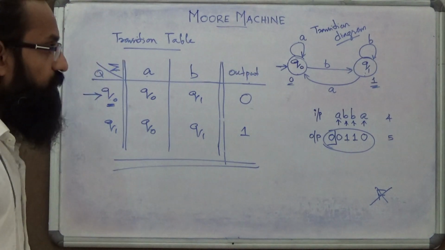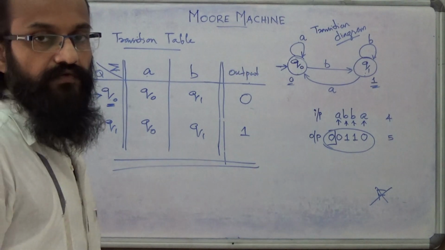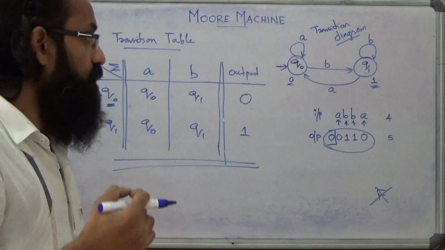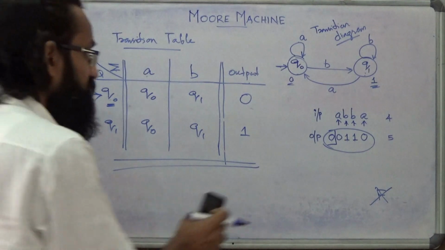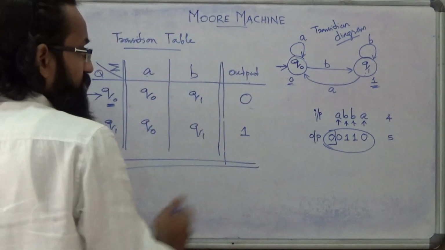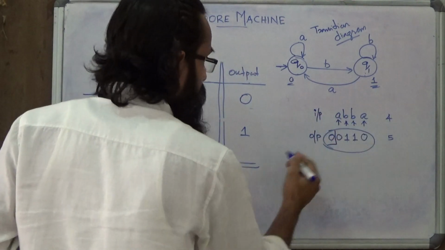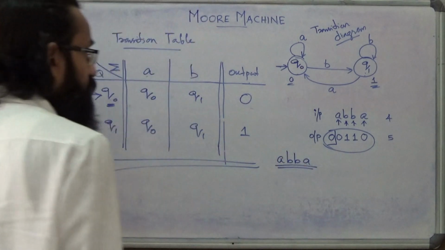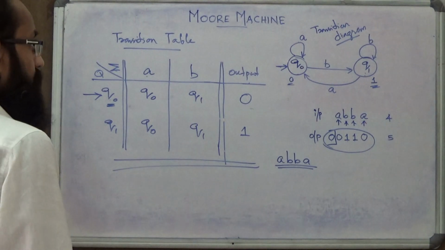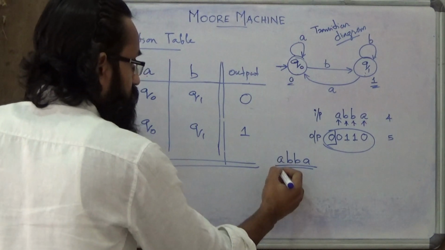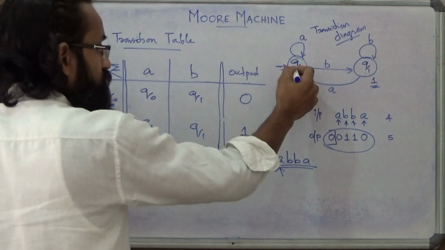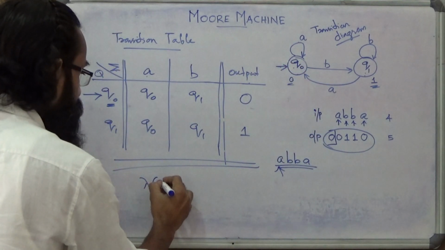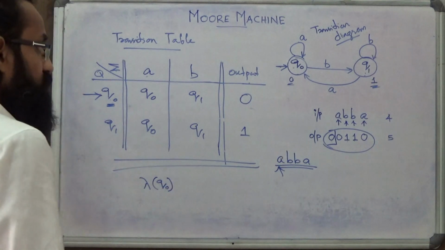Now how will you determine the output generated by a Moore machine for a particular input string? So if you consider the input string A, B, B, A, the output generated will be, from Q0, without consuming anything, it will enter the start state generating the output associated with Q0.